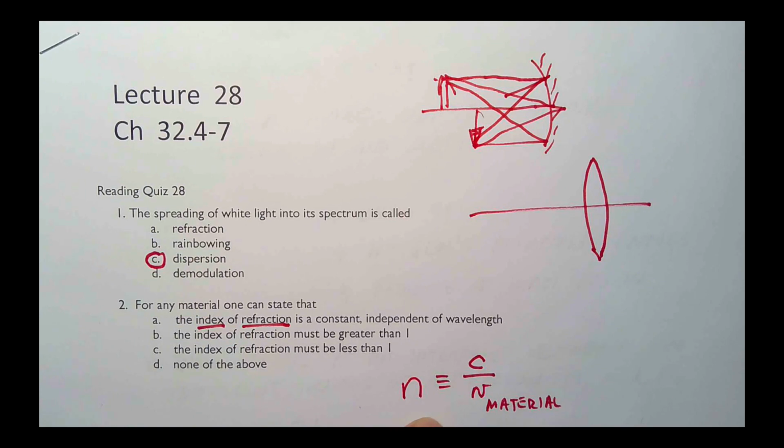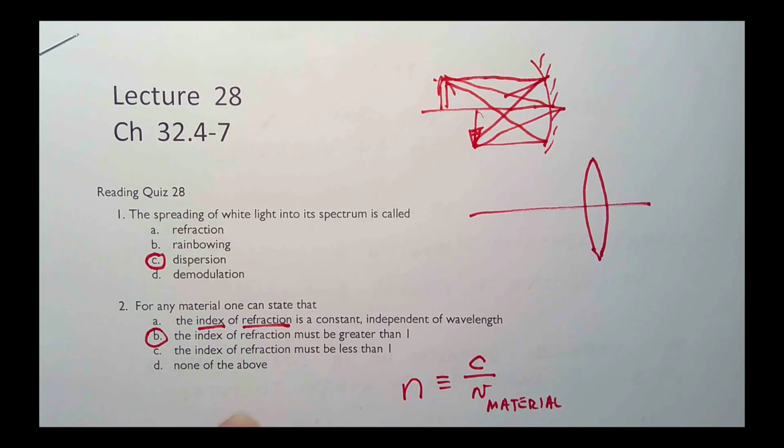Okay, so what do we know about this? Here we know for any material that you can't go faster than the speed of light. So v material is always less than the speed of light. v in a perfect vacuum is exactly equal to c, but we can't go faster than c. So if v is always less than c, n has to be greater than or equal to 1.